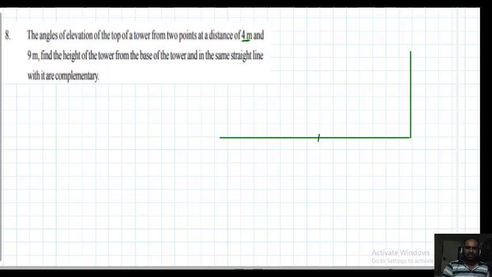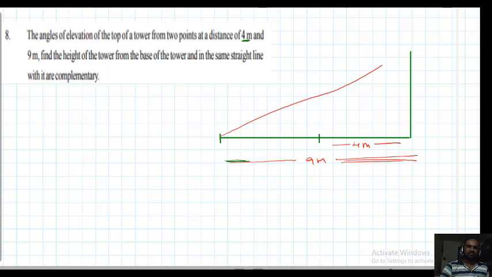Here one point and here one point. Okay, students, this is I think 9, and this I think is 4 meters. These two angles are complementary angles. This is theta means this is 90 minus theta.